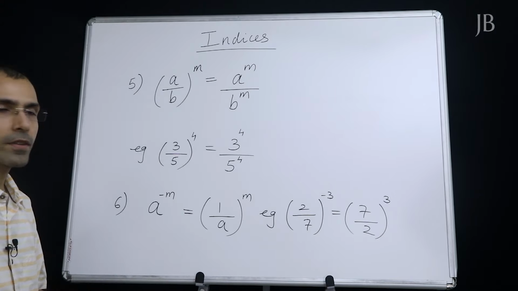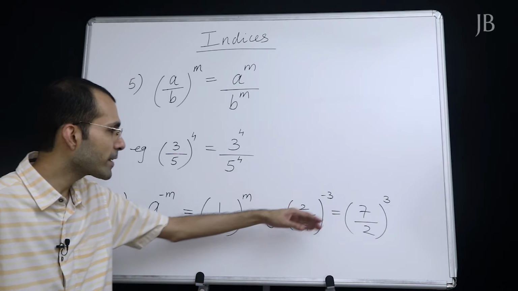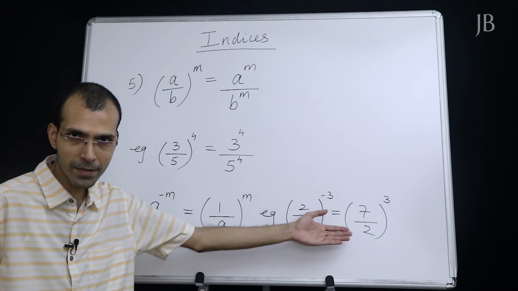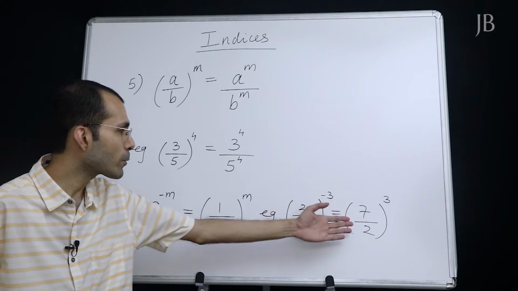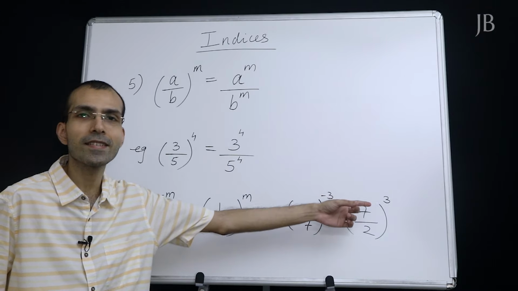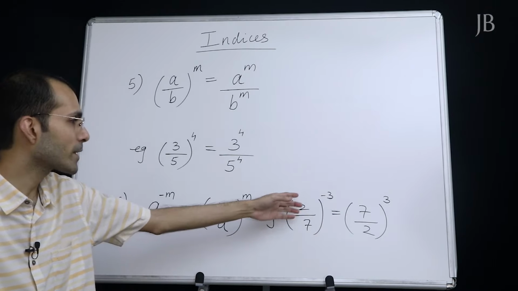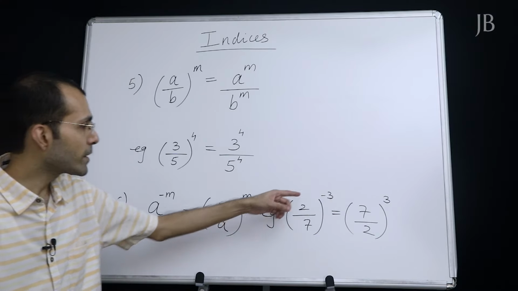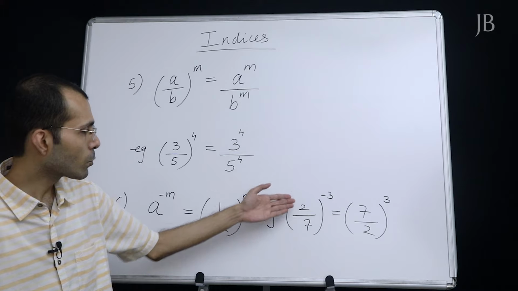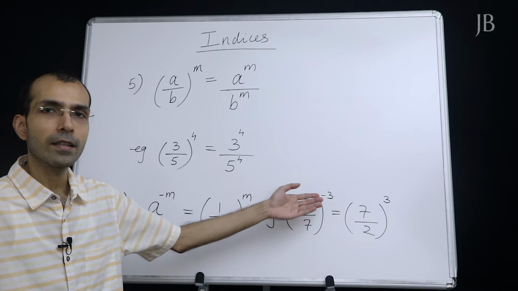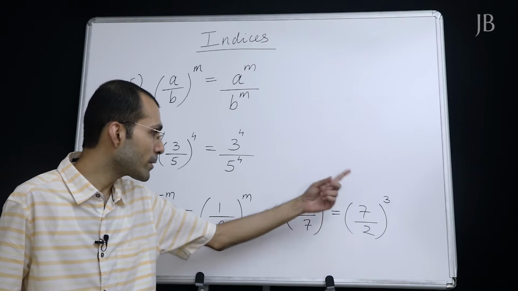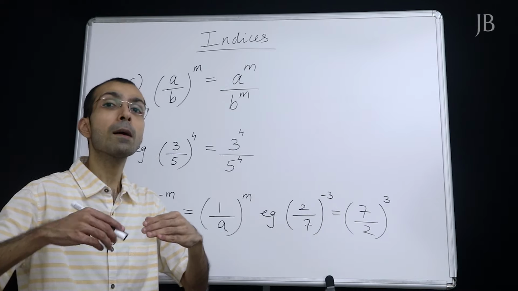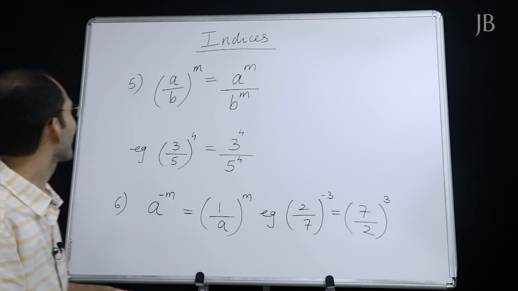So basically we are simply taking the reciprocal of the base. If we take the reciprocal of the base, the power changes the sign. So minus 3 will become plus 3. Suppose this was 2 upon 7 raised to 3, then it will become equivalent to 7 upon 2 raised to minus 3.